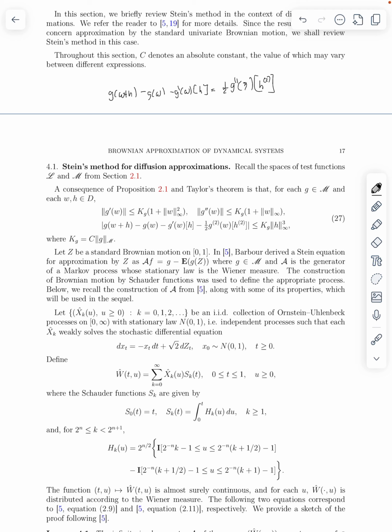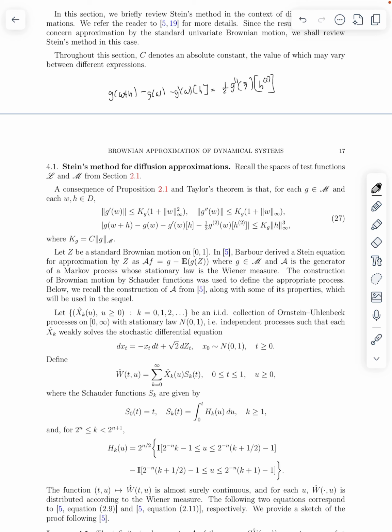And then both of these are applied to h squared, and now you can kind of see what happens, right? So if we take the absolute value, we can bound this by the norm of this, and then that's where the Lipschitz-like condition comes in.